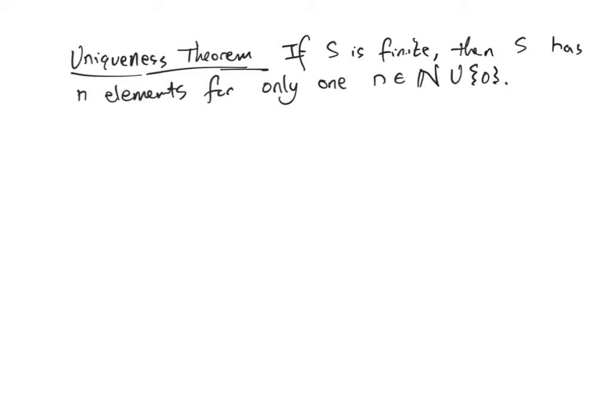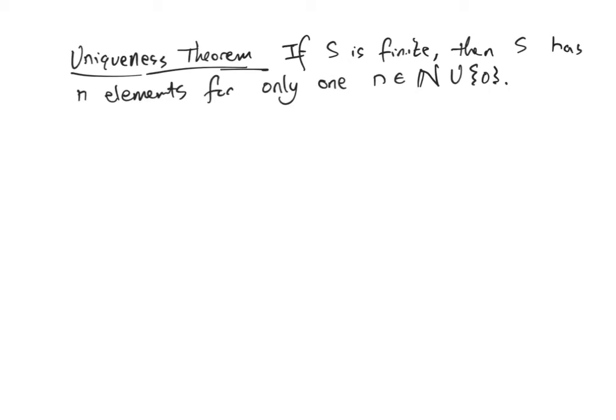So I would hope you'd look at this theorem and you'd say, well, that's obvious, right? And it really should be obvious. The reason you would prove this theorem is to double check that our definition of the number of elements in a set actually captures the notion that we want it to.